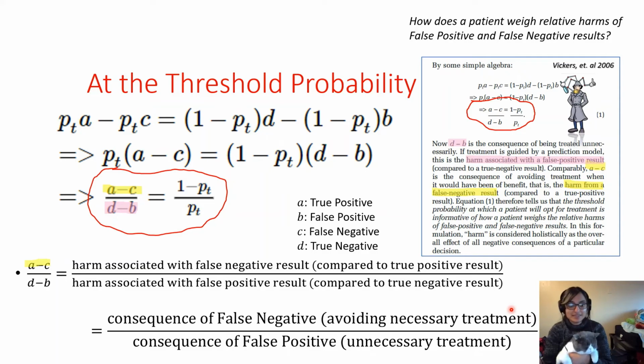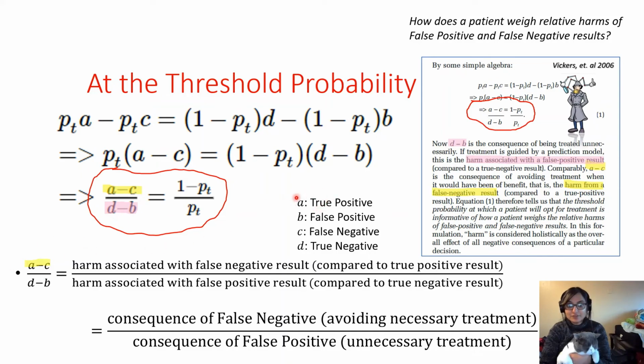You're predicting that the patient does not have the disease or the condition, but in reality the patient has it, so they are missing out on treatment that they would have needed. So it is the harm from a false negative result compared to a true positive result. The false negative part is the C and the true positive is the A.